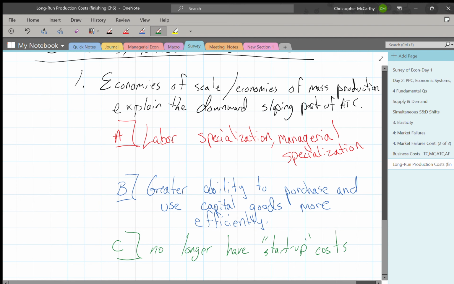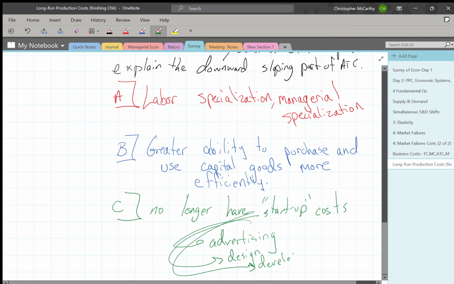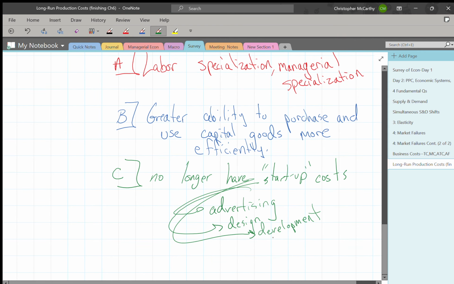So startup costs, you know, advertising, design, development, and probably the most costly.